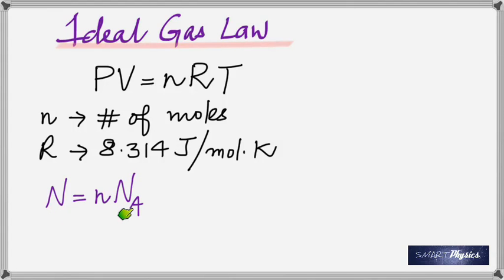Number of molecules. Yeah, this is the total number of molecules. See, because Avogadro number is the number of molecules in 1 mole, isn't it? So if you multiply it with, let's say, 5 moles, you get the total number of molecules. There are too many n's coming in. You have to know what they stand for. Caps N is the total number of molecules. Na is Avogadro number. Small n is the number of moles.